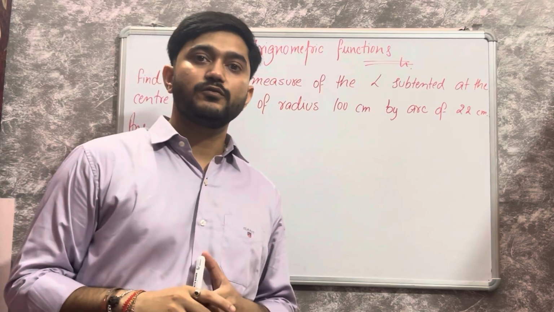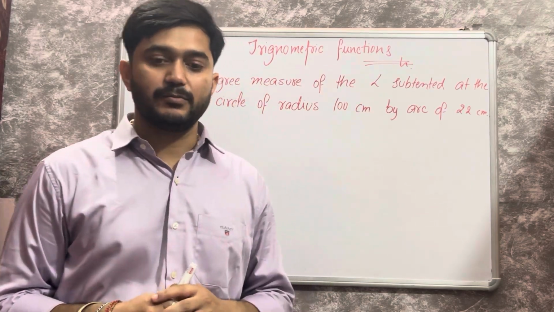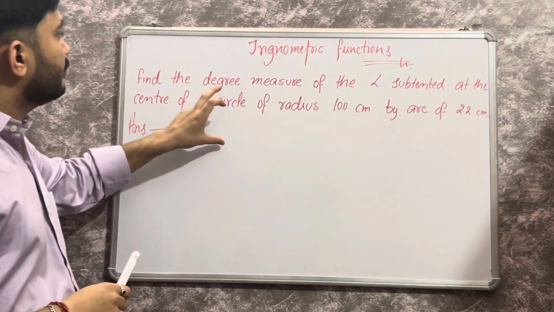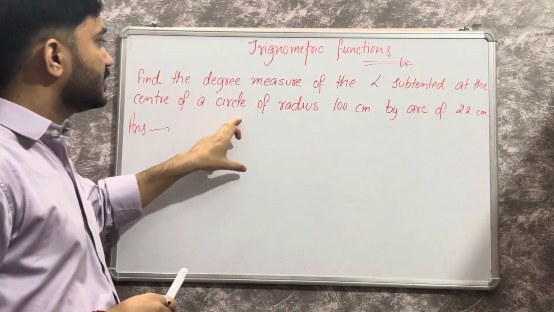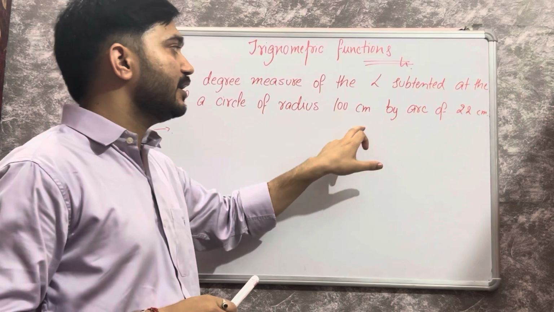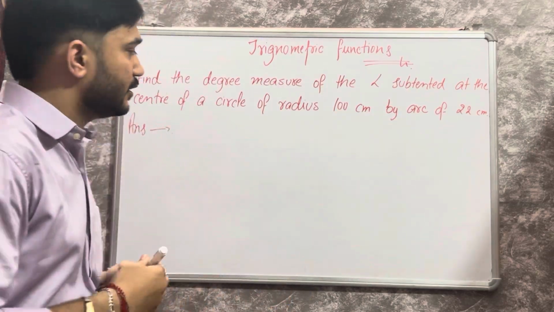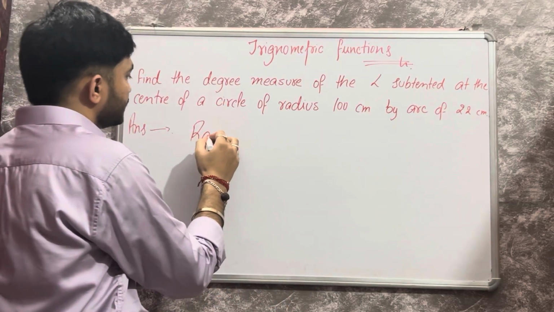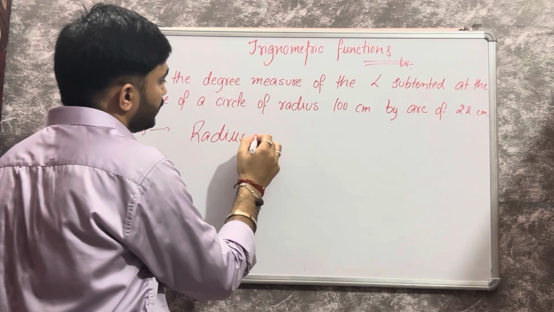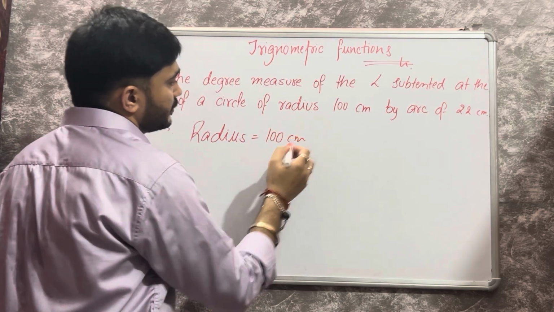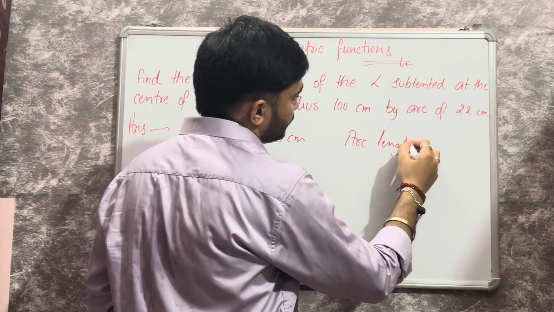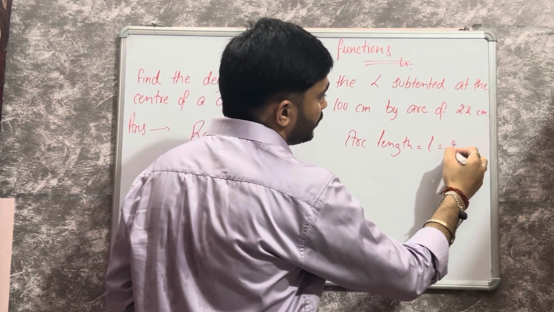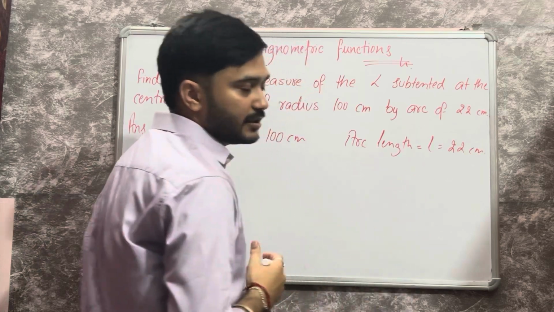Now let us move towards the second question of that application part. Here we need to find the degree measure of the angle suspended at center of a circle of radius 100 cm and arc length of 22 cm. Here the radius given to us is 100 centimeter and arc length, that is L, given to us is 22 centimeter.